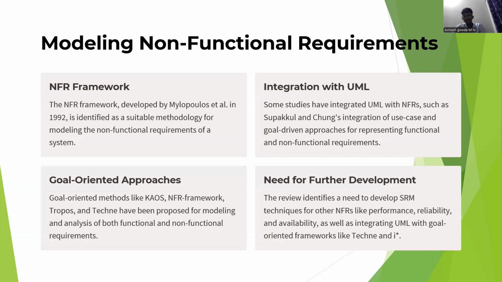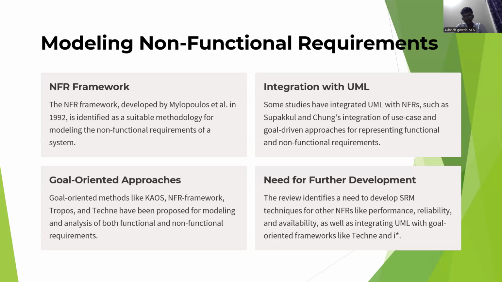Modeling non-functional requirements, and the first one is the NFR framework, developed in 1992, identified as a suitable methodology for modeling the non-functional requirements of a system. And integration with UML: some studies integrated UML with NFR, such as Supakkul and Chung's integration of use case and goal-driven approach for representing functional and non-functional requirements.